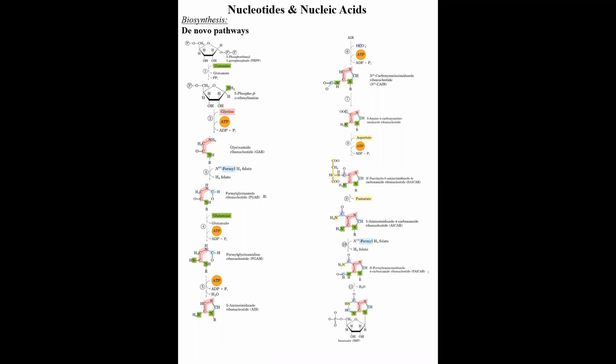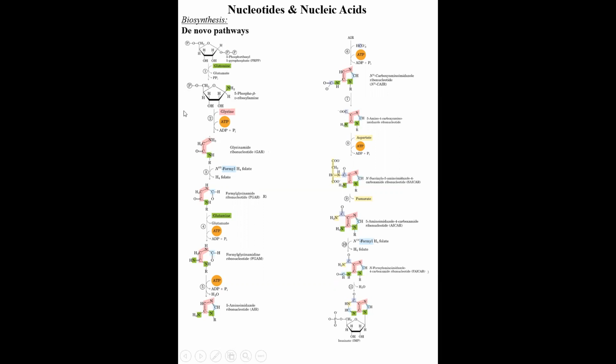The first reaction in this pathway is transfer of an amino group and removal of the pyrophosphate group. Glutamine is involved here, and glutamine is converted into glutamate, and it donates its amino group at the first carbon.